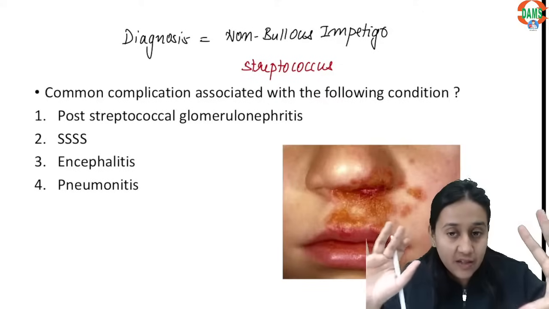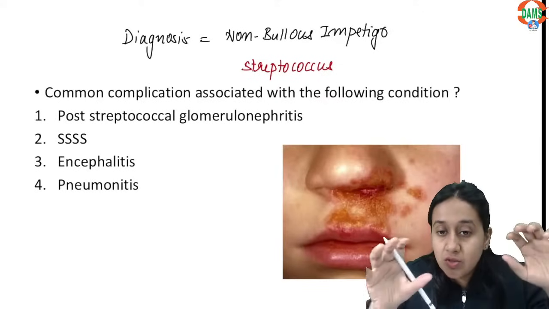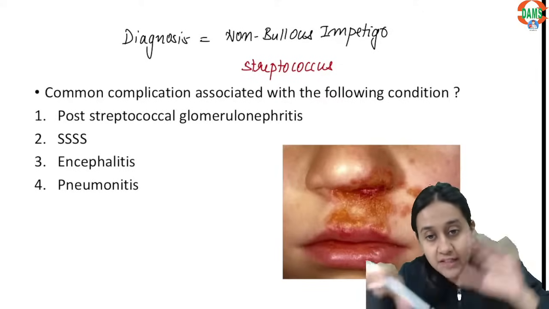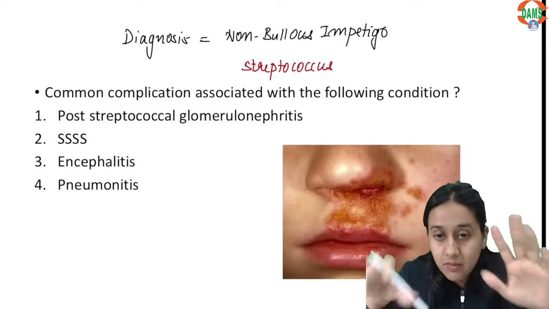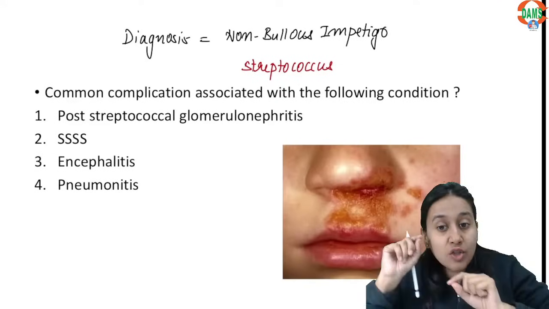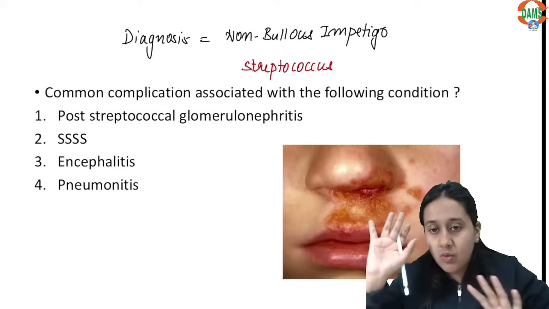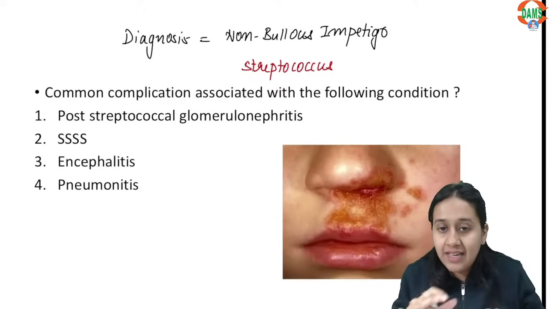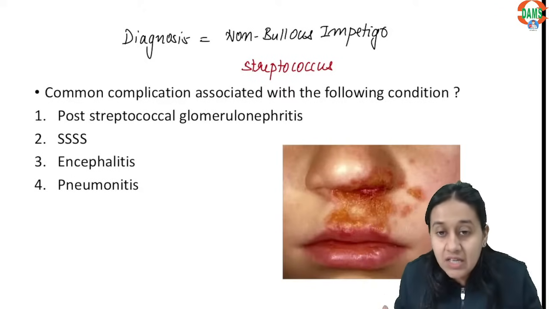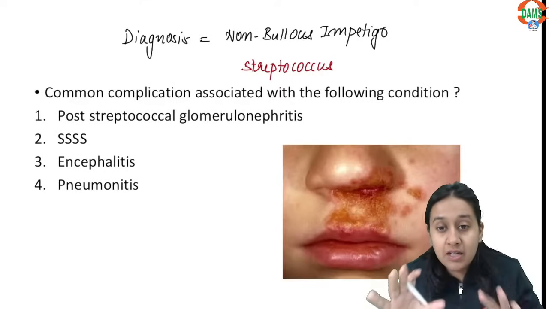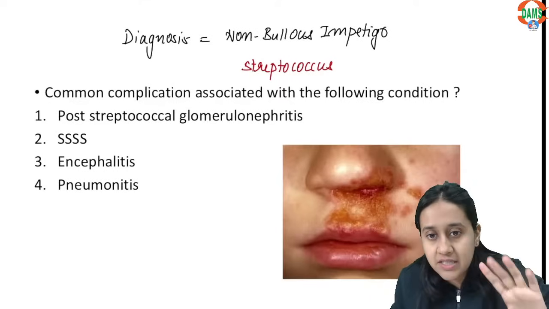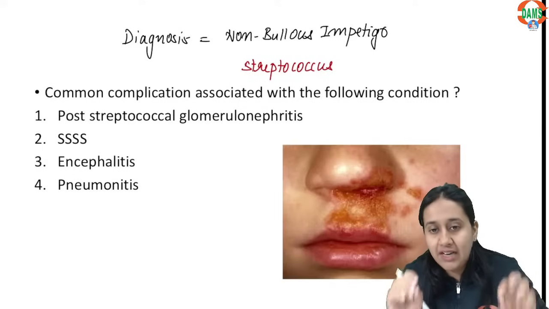Please listen to me very carefully. Impetigo is a superficial bacterial infection. It is of two types. One is bullous and another is non-bullous impetigo. I think their names are self-explanatory. Bullous impetigo means those lesions which clinically present with bulla formation. So they have flaccid bulla.